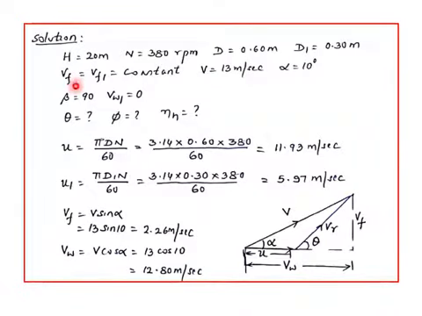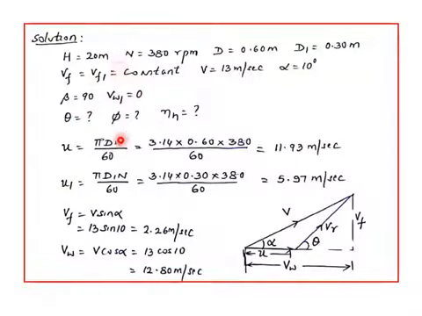Now, given H is 20 meters, N is 380 rpm, D is 0.6, D1 is 0.3, and the velocity of flow is constant. We have V, which is 13 meters per second, alpha is 10 degrees. They have given radial discharge at the outlet, so beta is 90 degrees and Vw1 will be equal to 0.